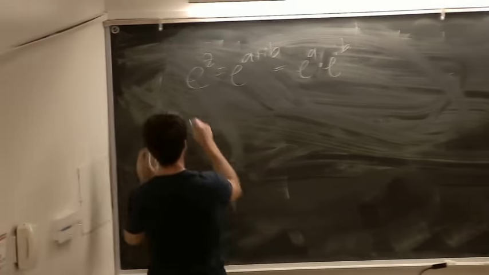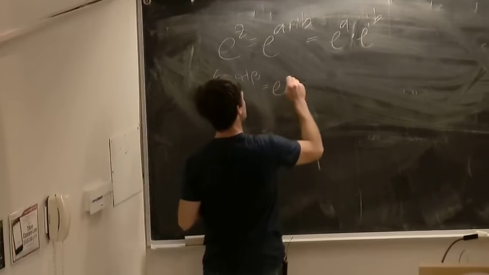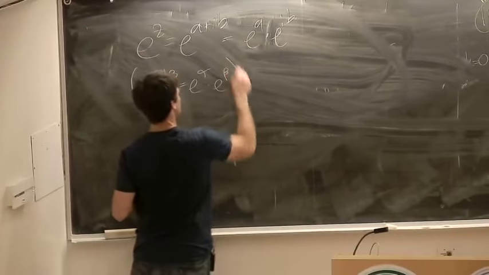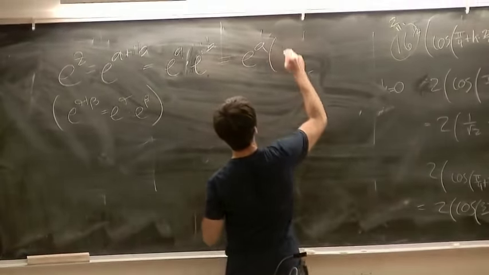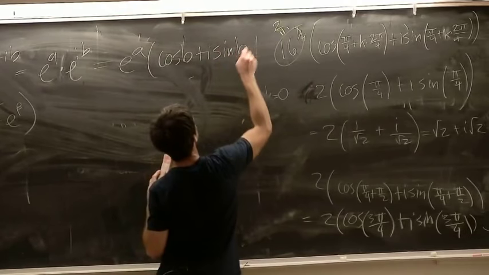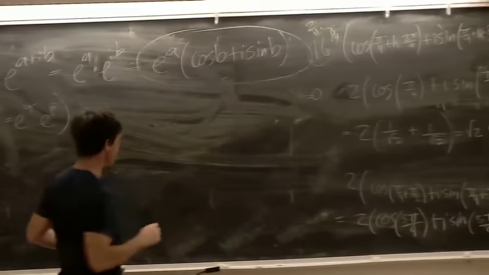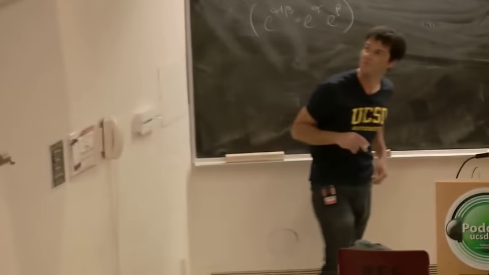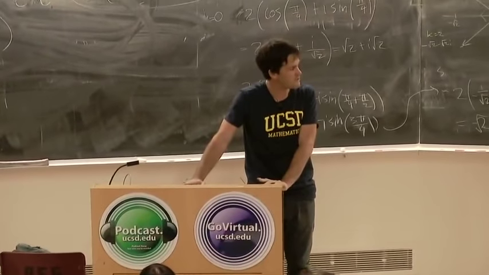That's the exponent property that e to the alpha plus beta is e to the alpha times e to the beta. So this is e to the a, which is real, and then e to the ib is cos b plus i sine b. So that allows us to take powers of imaginary numbers.